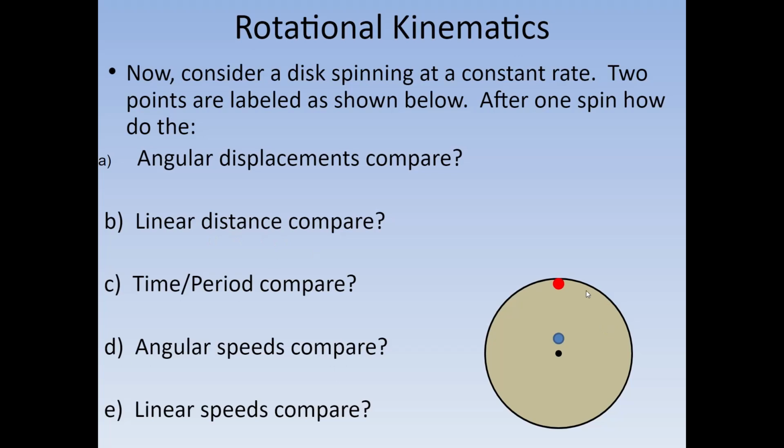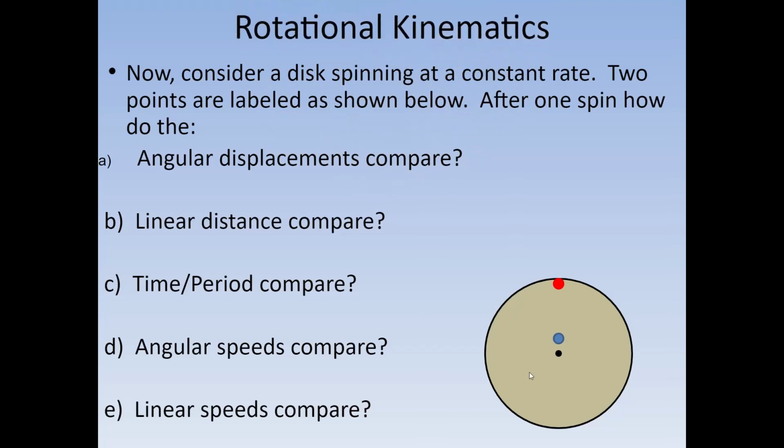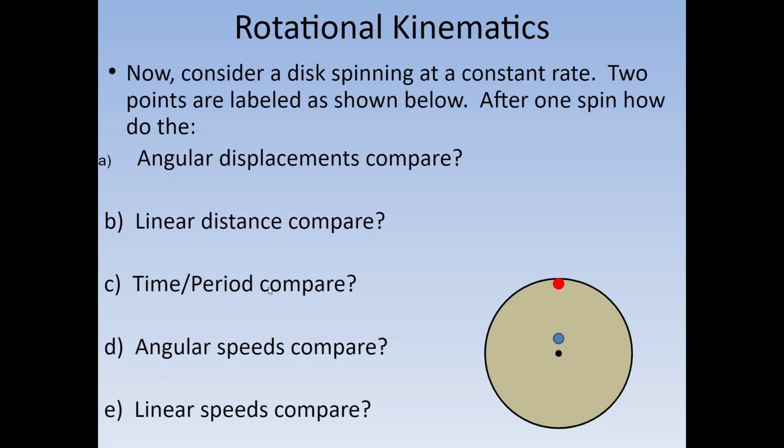Linear distance, though, if we think about it, because this red point is further from that center point, the distance it's going to travel is much longer because it's traveling a much bigger circle than the blue point does. So this red point is going to travel a much greater linear distance.